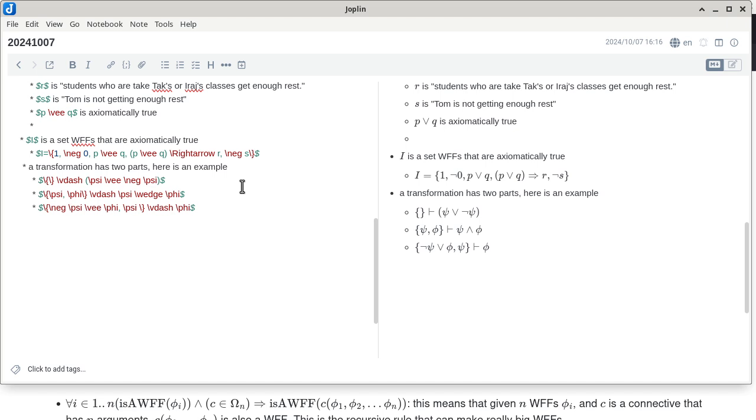It has to be the negation of some well-formed formula. So psi is some form of well-formed formula that is first negated, and then the entire negated psi is used in a disjunction. Is that okay? So if I can find something like this, and I can also see that psi as a well-formed formula is also already circled, then I can go ahead and circle phi.